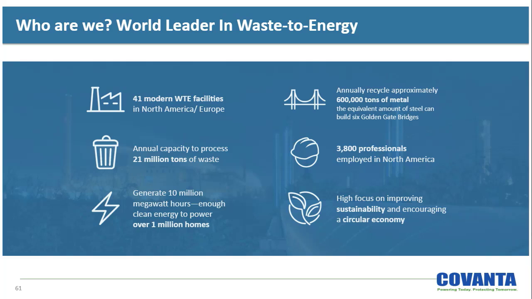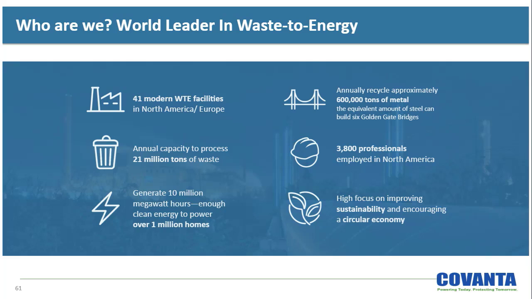And it means that we are able to take the equivalent of 21 million tons of waste every year and combust it to create electricity. And so we continuously produce enough clean energy to power 1 million homes across mainly the US and Canada. Also Dublin, Ireland, and places in the UK.